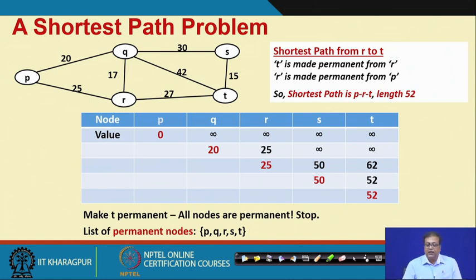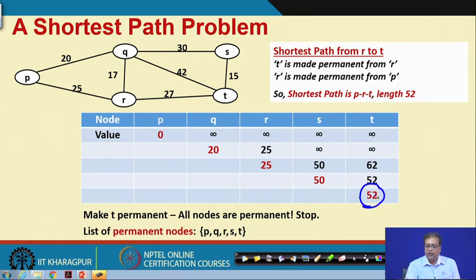Now, if you look, t was made permanent from R, if you recall, and R was made permanent from P, right. So, therefore, the shortest path from P to T was P R T, and that value is nothing but 52. All right.